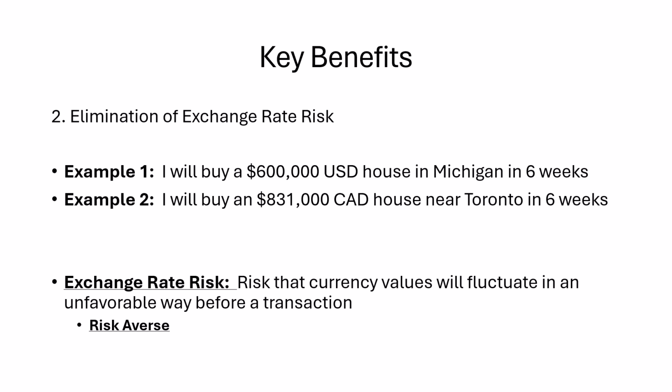Right now, a house in Michigan costs $600,000, and that's U.S. currency. Also, I could buy a house in Canada for 831,000 Canadian dollars. Now, I chose those values on purpose. In terms of real exchange rate, those are the same price. All right, a $600,000 U.S. house has the same cost as an $831,000 Canadian dollar house in Toronto.